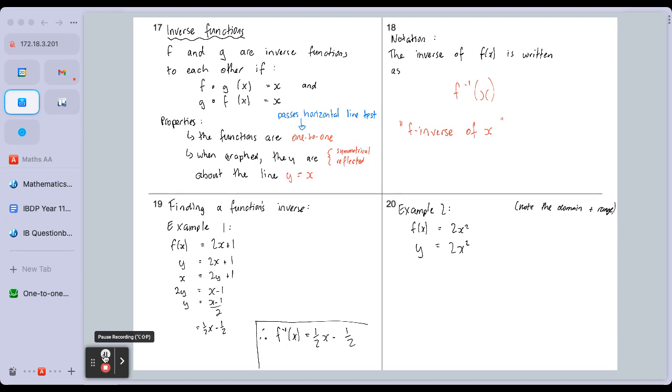Switch the inputs and the outputs. x is equal to 2y squared. And then we solve for y. So divide both sides by 2. And then I'm going to flip the y to the other side and take the square root of both sides. So y is equal to the square root of x on 2. And that is the function.